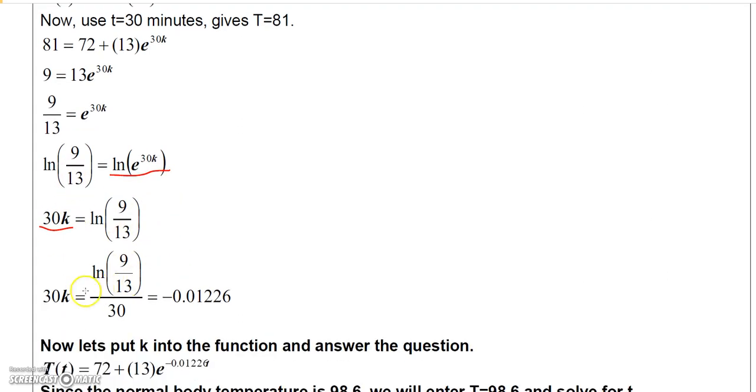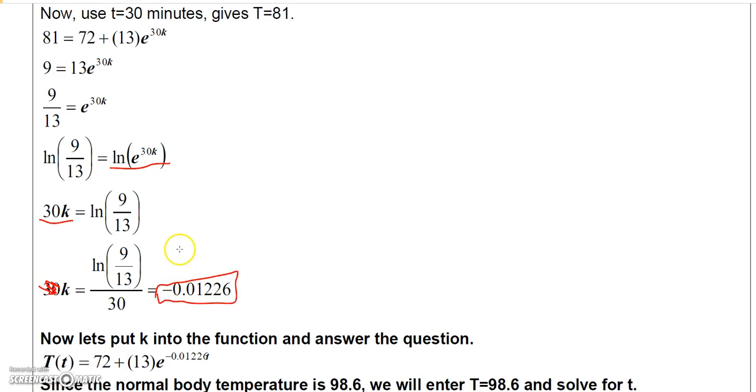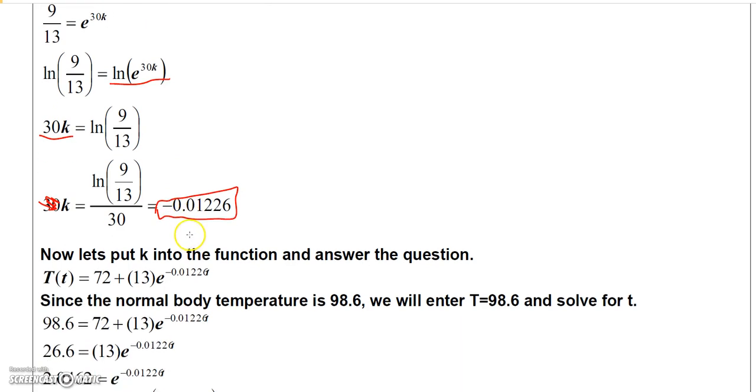And then to solve for k, just divide both sides by 30. So if you divide this by 30, you just get k. And then if you divide this by 30, you get natural log of 9/13 divided by 30. So now we get negative 0.01226. And that's my constant, the cooling constant.